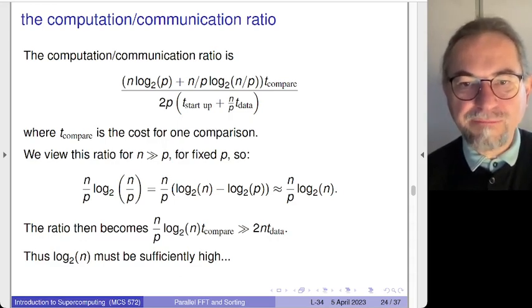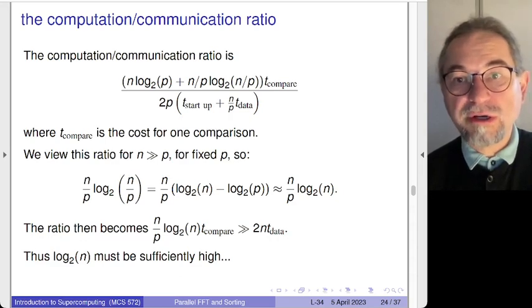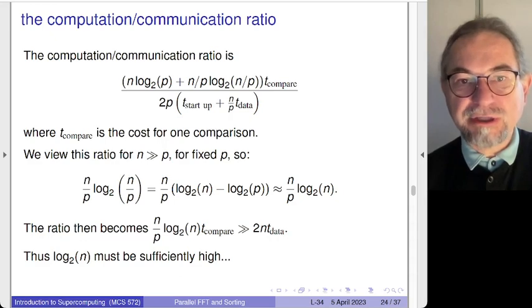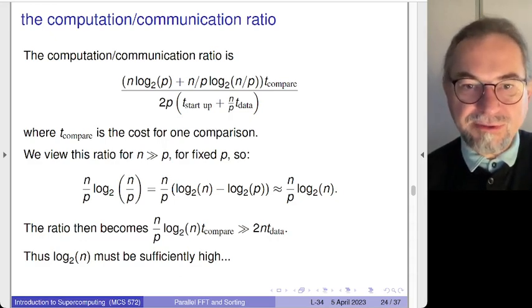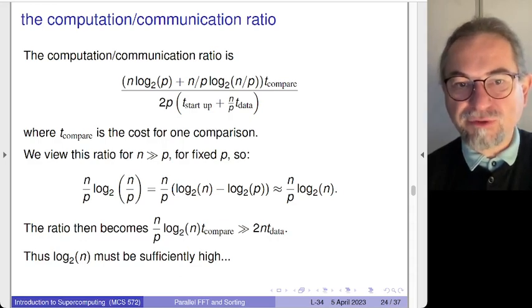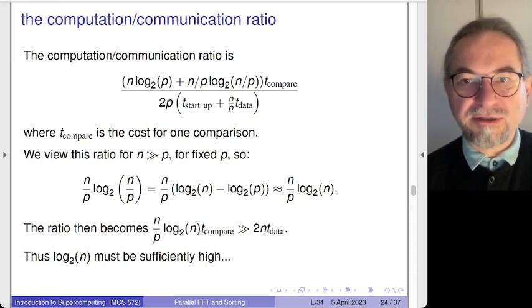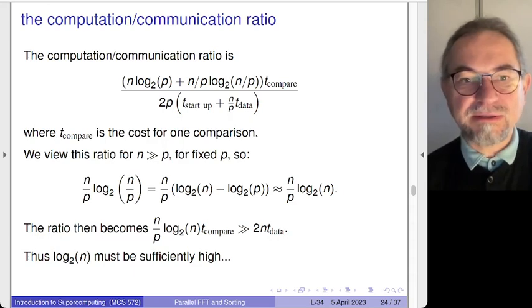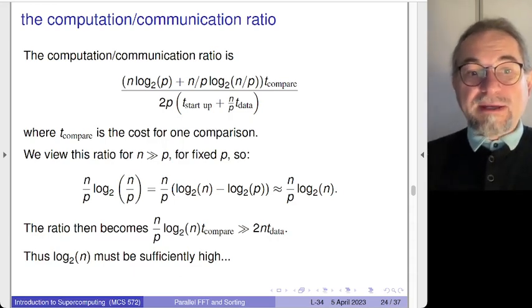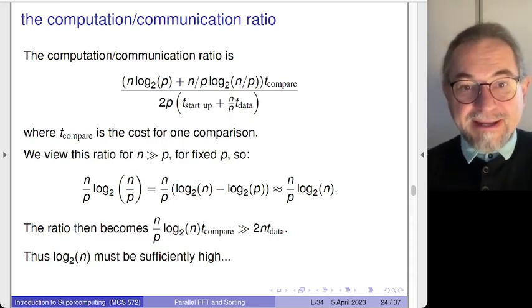So we have the n over p times the 2 logarithm of n. The 2 logarithm of n will actually be larger than the 2 logarithm of p, so we can neglect also the 2 logarithm of p.